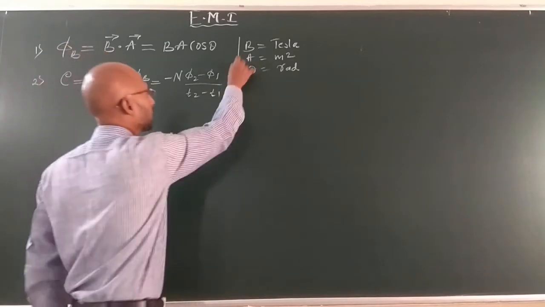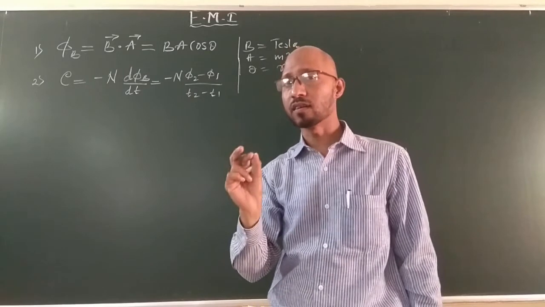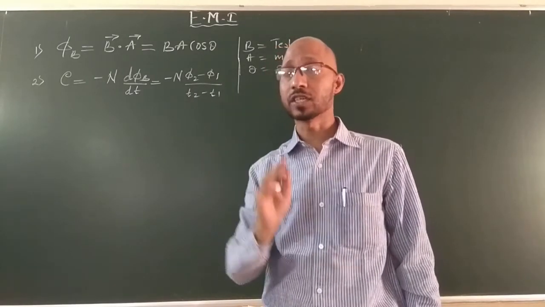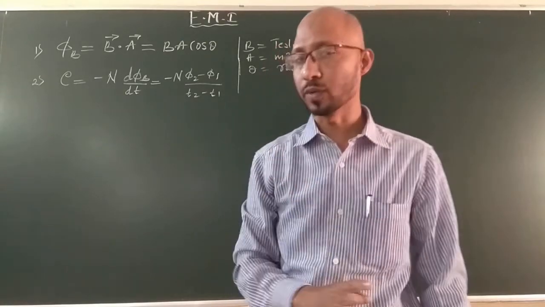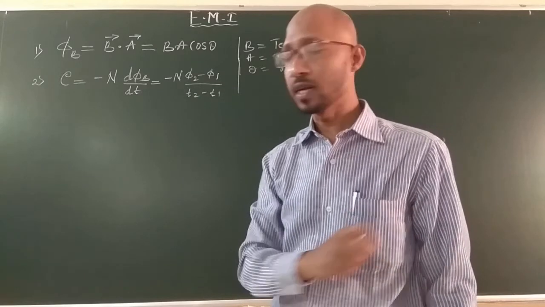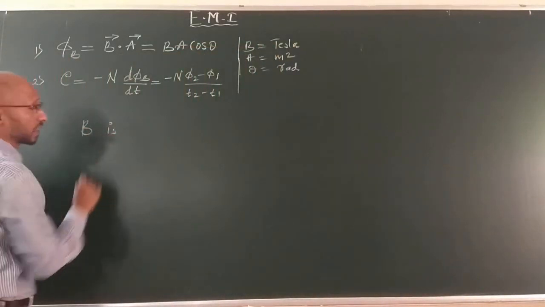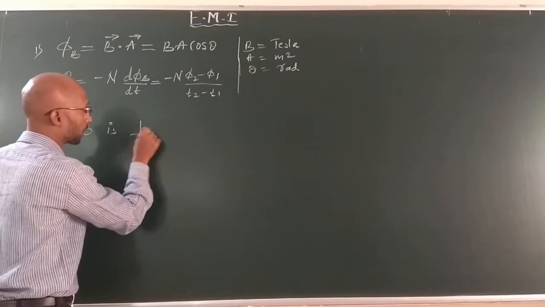Before proceeding, I will tell you some important points regarding this. One important concept will come here whenever the question is asked in numericals, and you have to understand it very carefully.